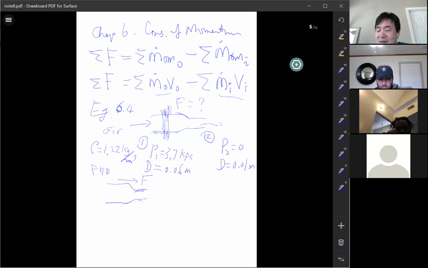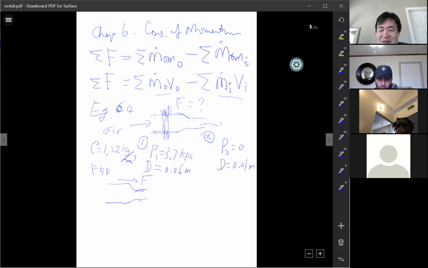Same way we did in chapter 3. Which letter here? I have letters written down: rho, P1, D1, P2, D2. These are what I wrote down.